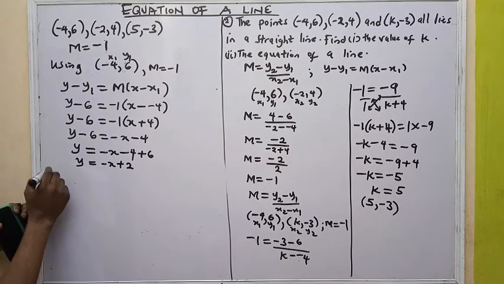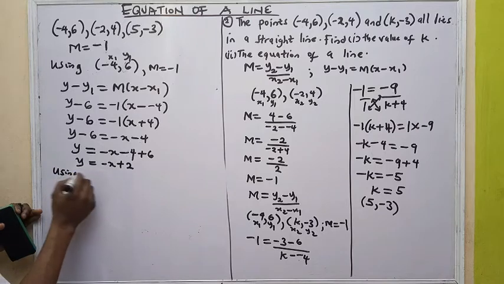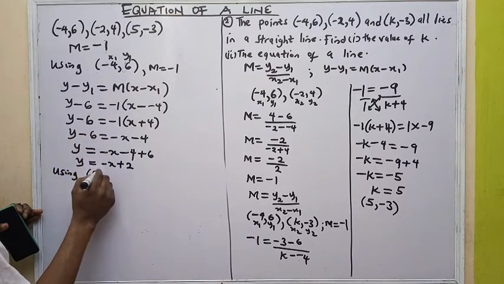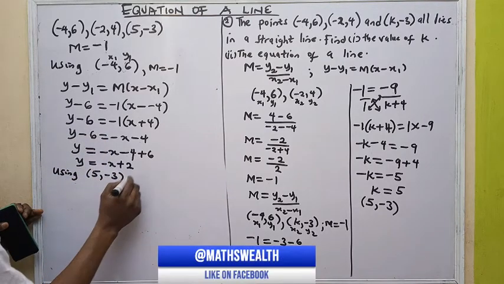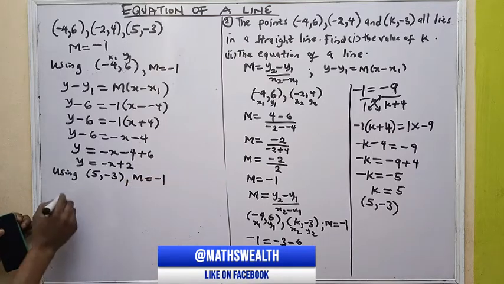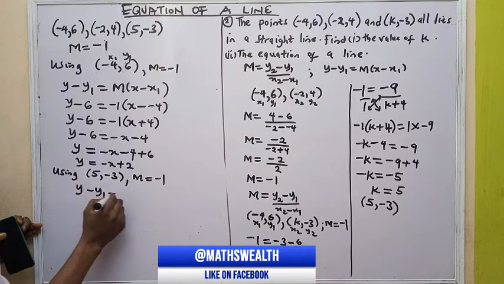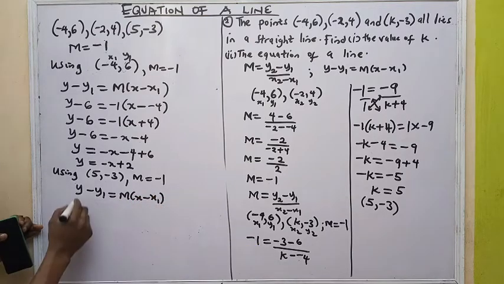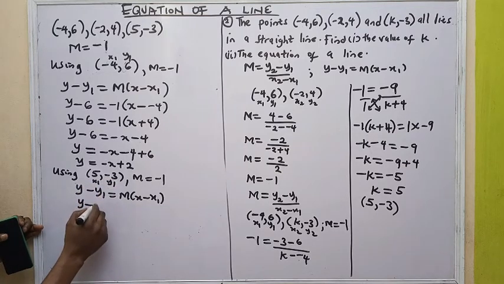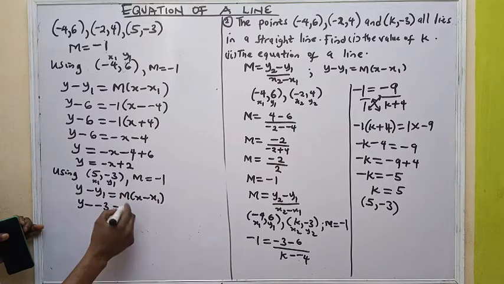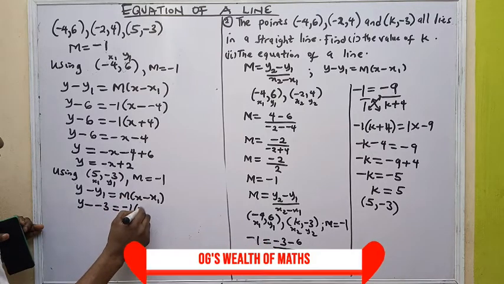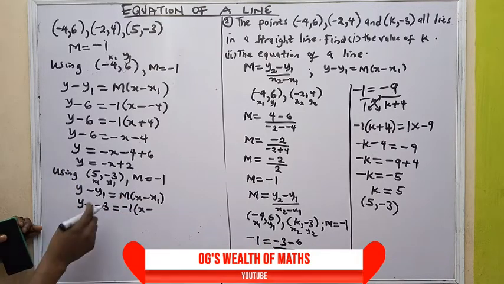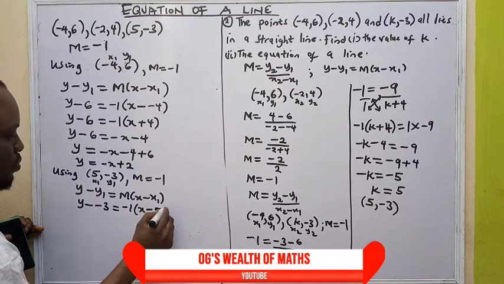Now let's use the other point. Let's use the last point, 5 comma minus 3, and the gradient m equals minus 1. So y minus y1 equals m bracket x minus x1. Now this is x1, y1. So y minus my y1 is minus 3 equals, the gradient is minus 1, x minus x1 is 5, so I'm going to put 5 there.